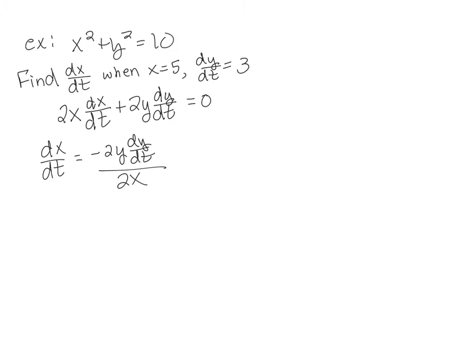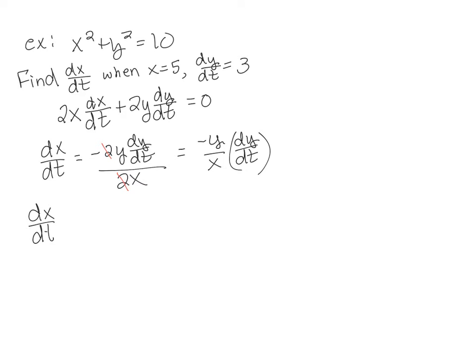And I'm just going to simplify really quickly. Not much, just basic simplification. So I'm going to get minus y over x and a dy dt multiplying. So let's plug in what we know.